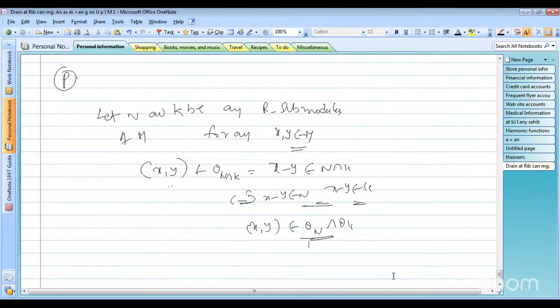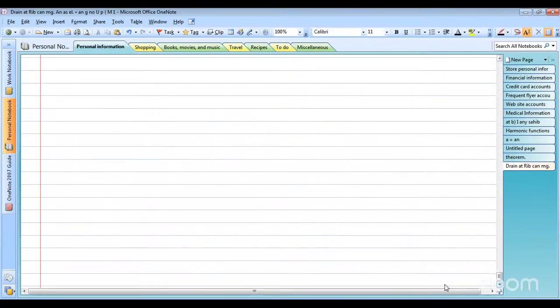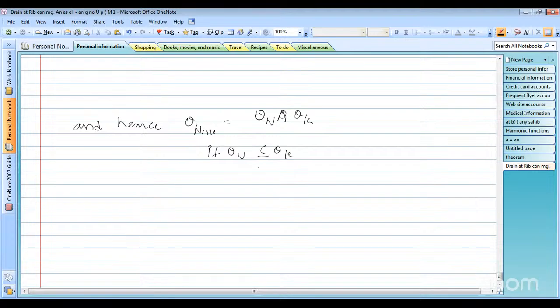And hence theta n intersection k is the same as theta n intersection theta k.